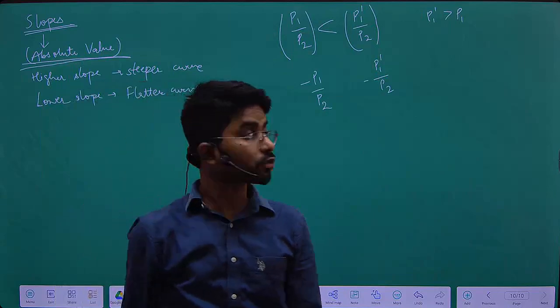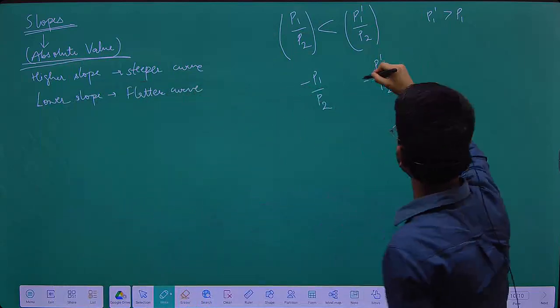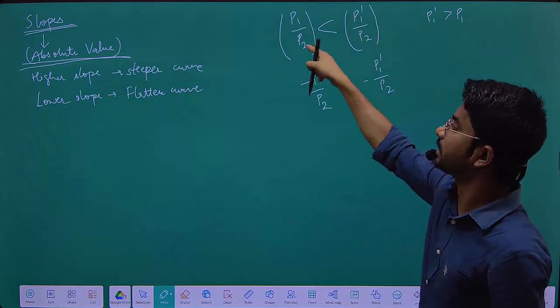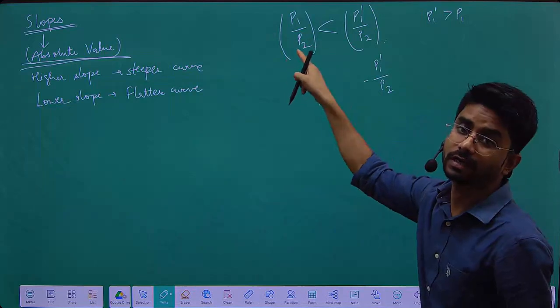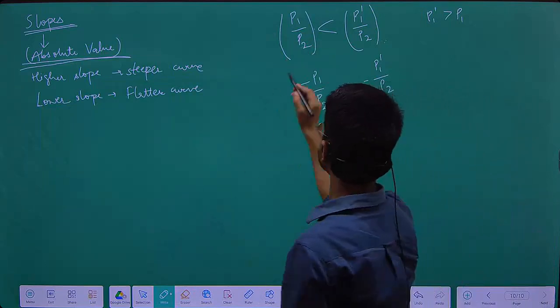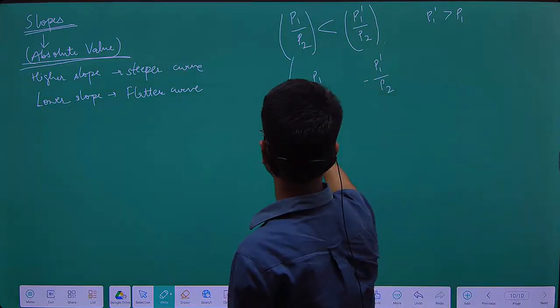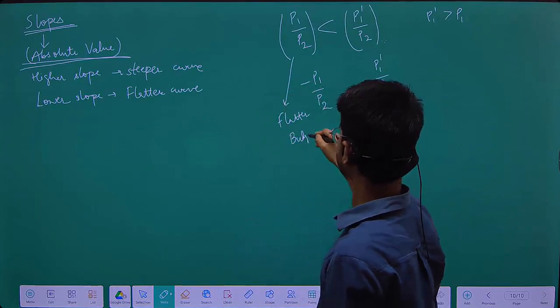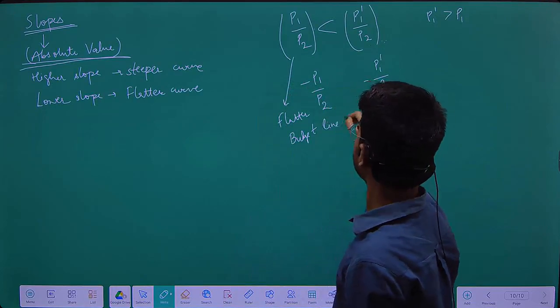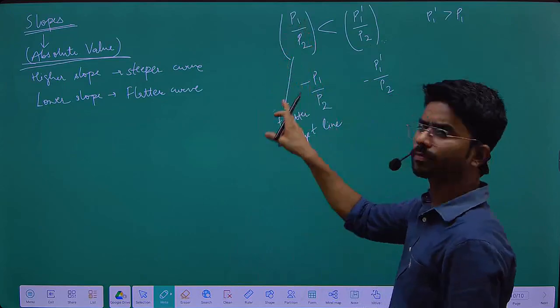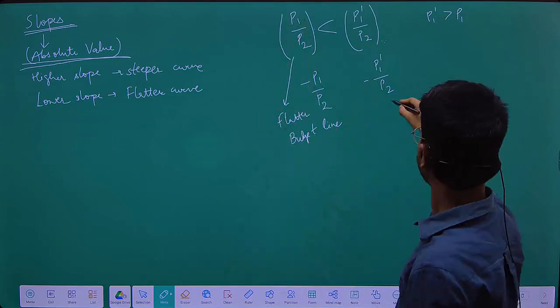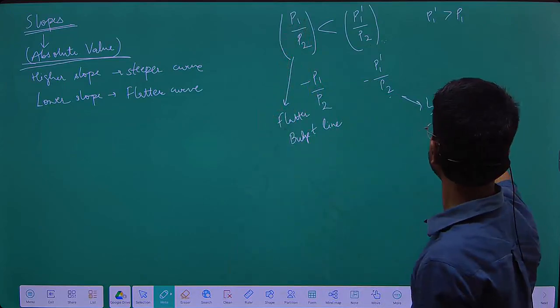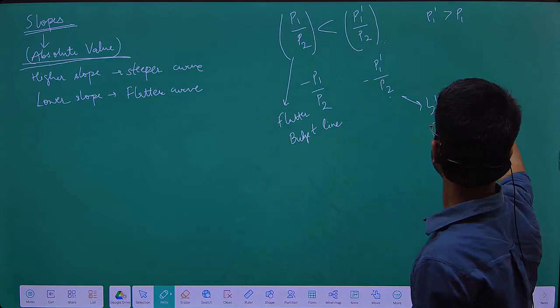So if this is the case, then this will give you a steeper curve and this will give you a flatter curve. Okay, so this will have a flatter budget line because this was the slope of your budget line. Okay, and this will give you a steeper budget line.